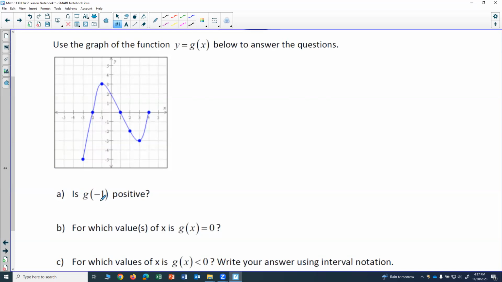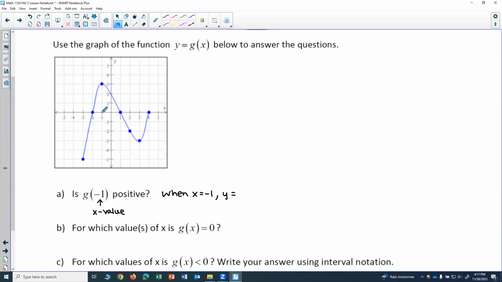So remember from our function notation that the number being plugged into a function is an x value. So this is an x value of -1. To find g of -1, we want the y value. So we look at when x equals -1, what does y equal?